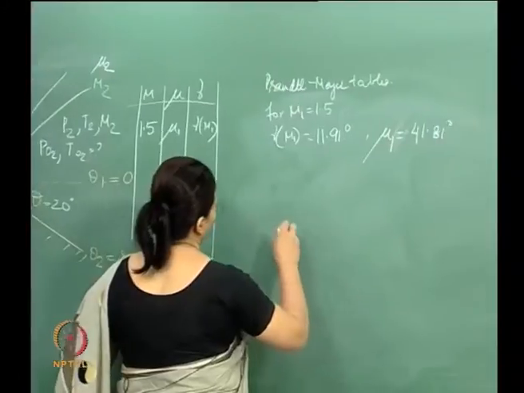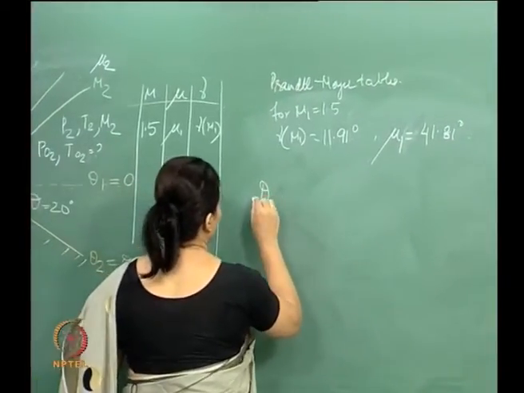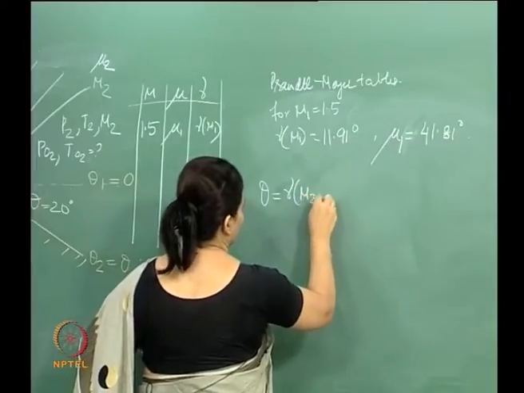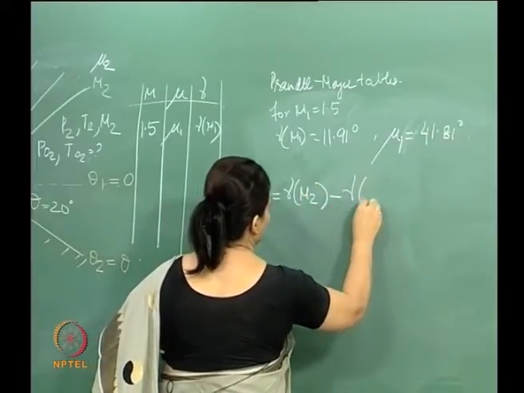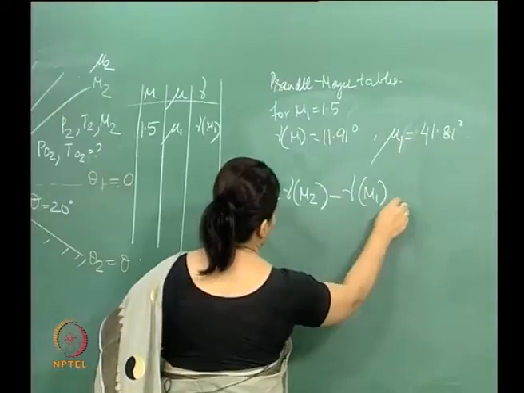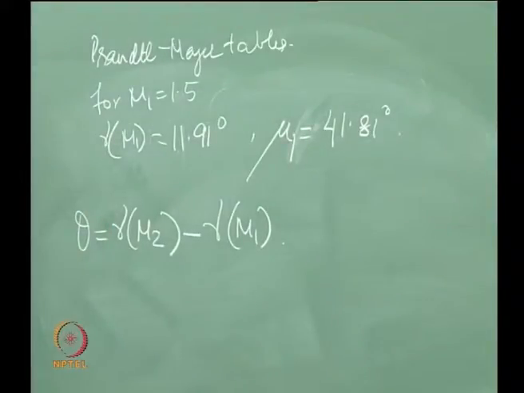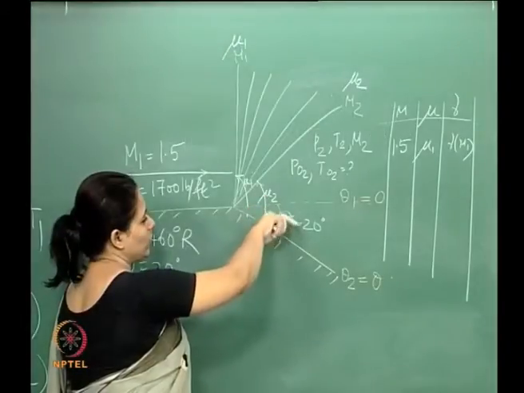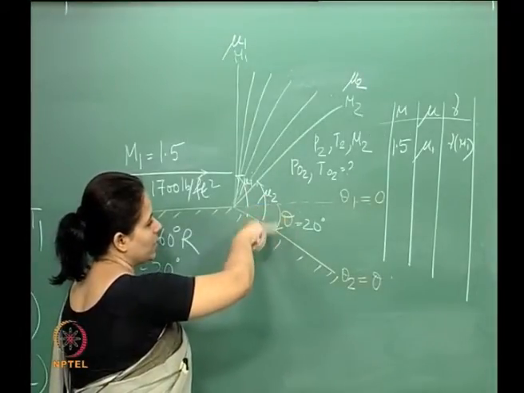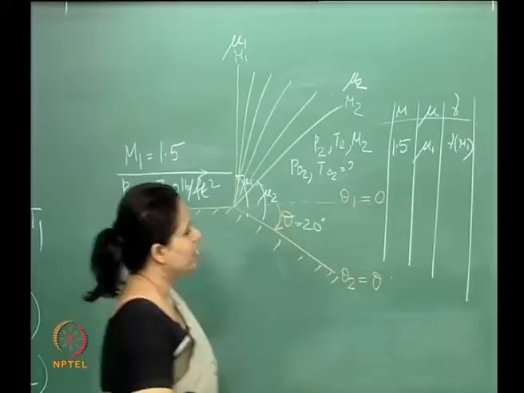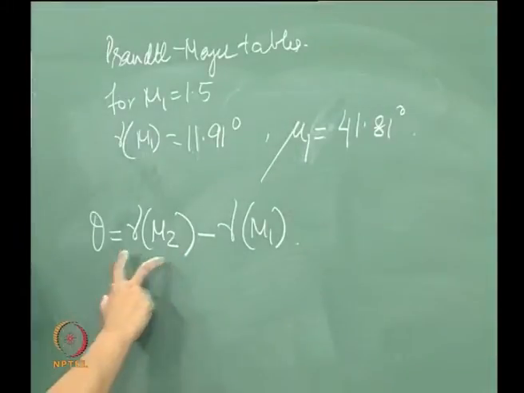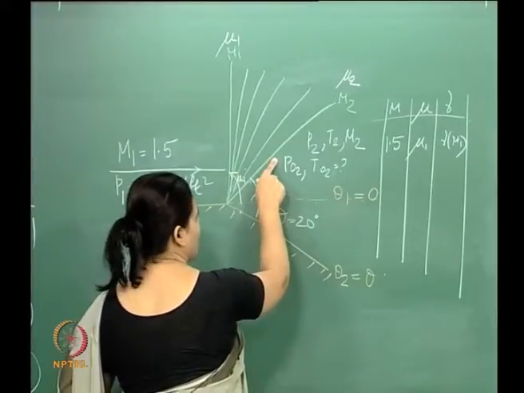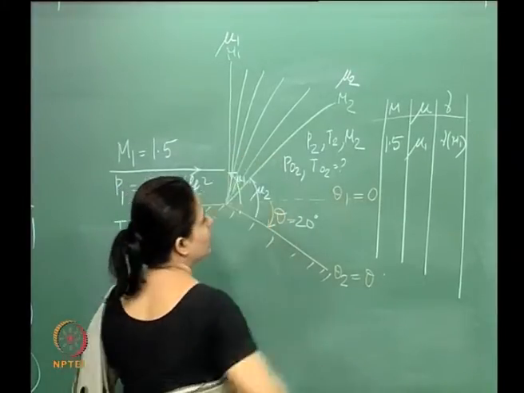Well, we had a relationship, theta is equal to nu2 minus nu1, right. This is what we had derived for our expansion fan. So, we said if the flow goes through a deflection angle of theta, then that is equal to the Prandtl-Meyer function for region 2 minus the Prandtl-Meyer function for region 1.